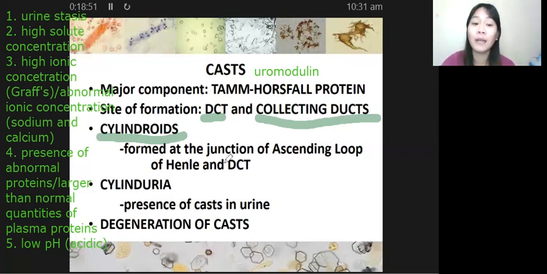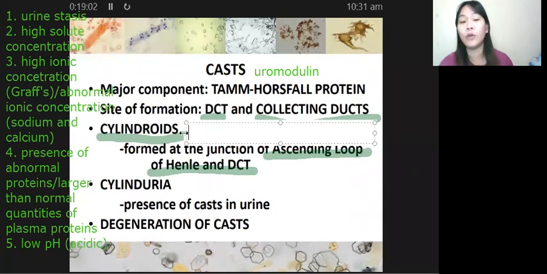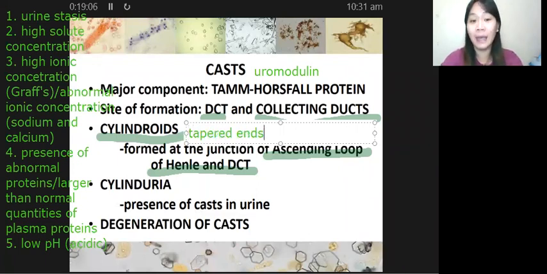Specifically, they are formed at the junction of your ascending loop of Henle and your DCT. That's why if you are going to look at the appearance of your cylindroids, they have tapered ends. Medyo patusok yung kanilang ends as compared to the blunt ends of your casts.